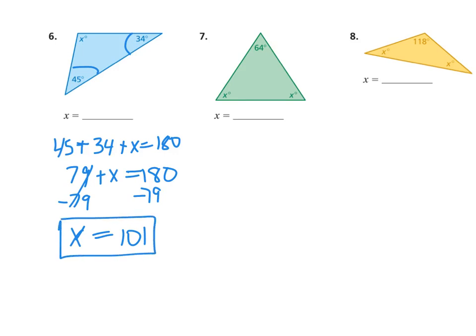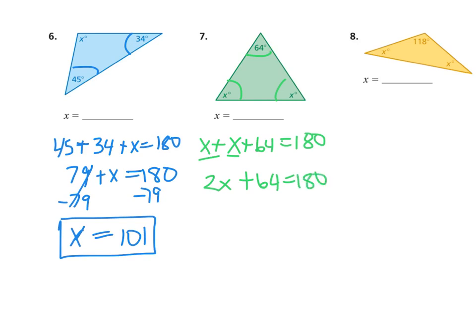All right, now let's go into a trickier one. We have x and an x and 64. So I'm going to say x plus x plus 64. All of those equal 180. So if you have an x plus an x, you get 2x plus 64 equals 180. So subtract 64.